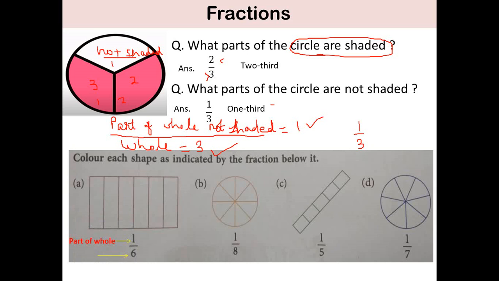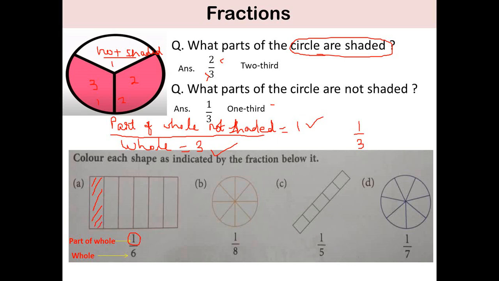The upper part of the fraction shows part of whole and the lower part shows whole. Right? So what part of the whole we have to shade? Only one. See, 1 has been written. So you have to shade only one part of this whole. So one part I have shaded.